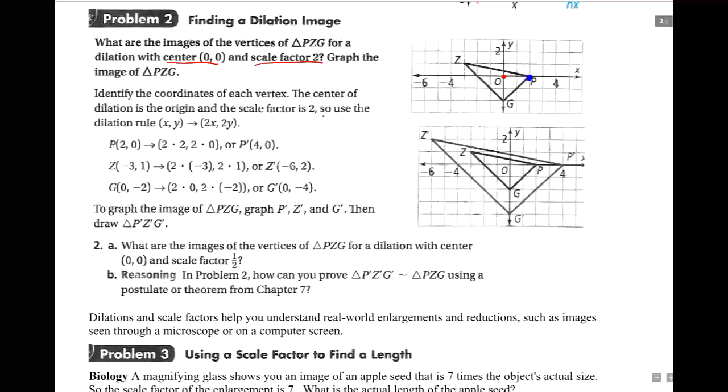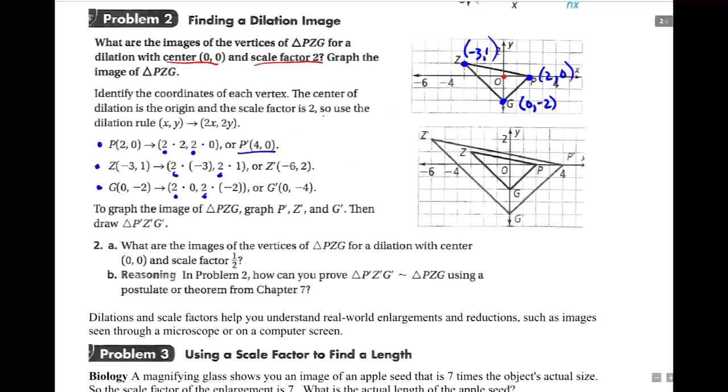P here is at (2, 0). Z here is at (negative 3, 1). And G here is at (0, negative 2). We have a scale factor of 2, so we simply multiply all of our coordinates by 2. 2 times 2, 2 times 0. 2 times negative 3, 2 times 1. 2 times 0, 2 times negative 2.